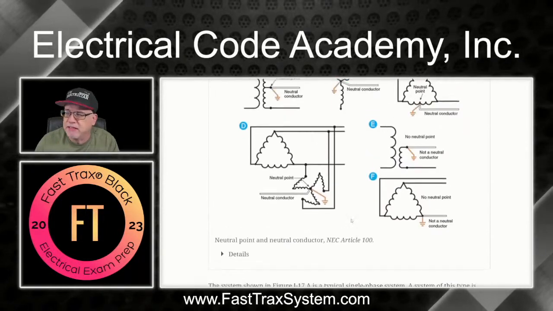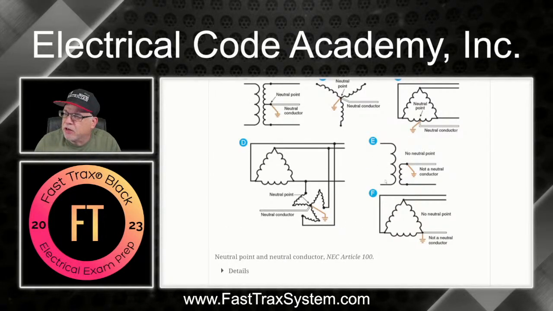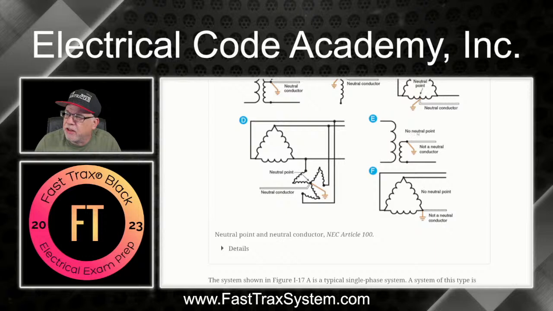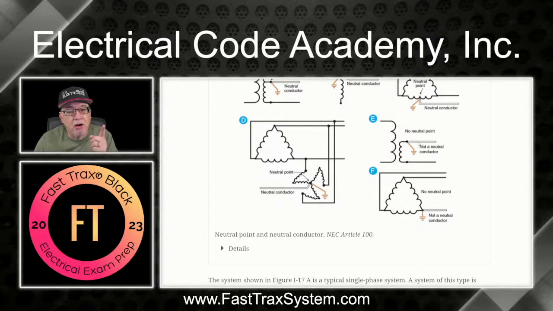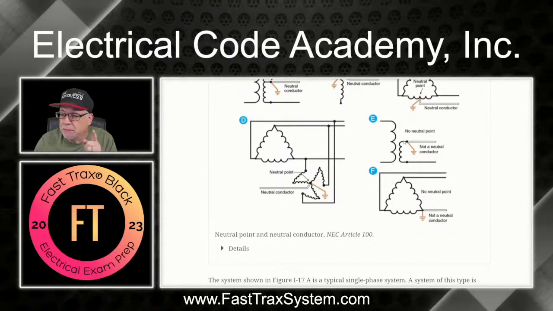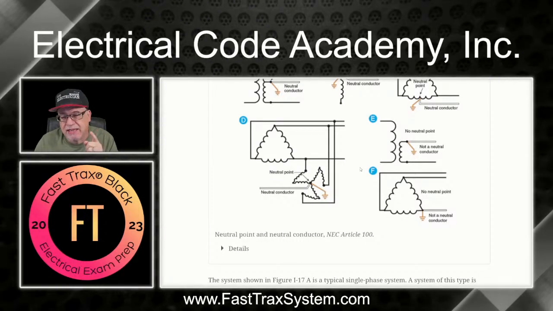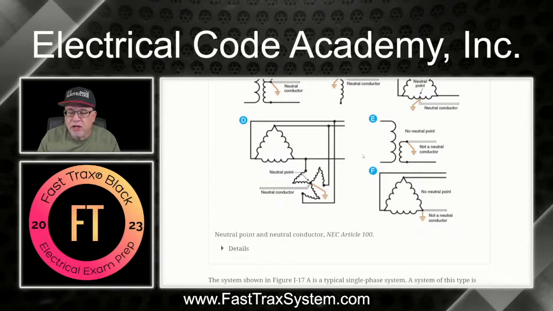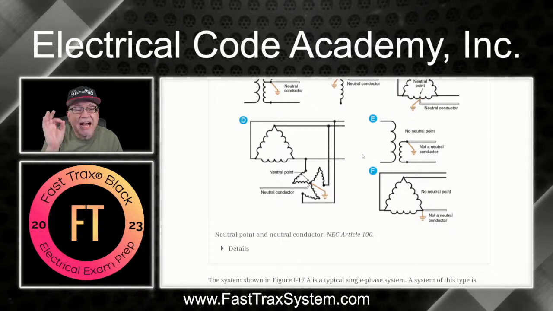We're just paraphrasing it. But if you look at E right here, you see this is not a neutral point, okay? So this is not considered a neutral conductor. Now, it is connected to Earth, so it is a grounded conductor, but it is not a neutral conductor, okay? So this is an example where all of these are grounded conductors, but not all of them are a neutral conductor. And that's so important when you're looking through the code and you see a reference to neutral conductor.